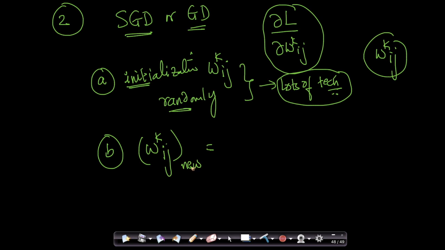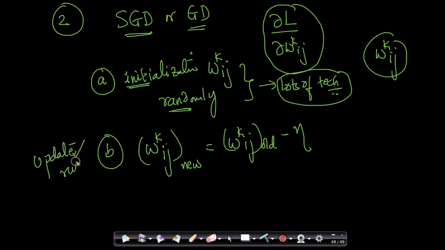So the new value in the loop is Wkij, the old value, minus eta. Eta is your learning rate. We saw all of this in the linear regression and optimization chapter, where we understood SGD. So if you have forgotten, this is called the update rule in optimization, or gradient descent specifically.